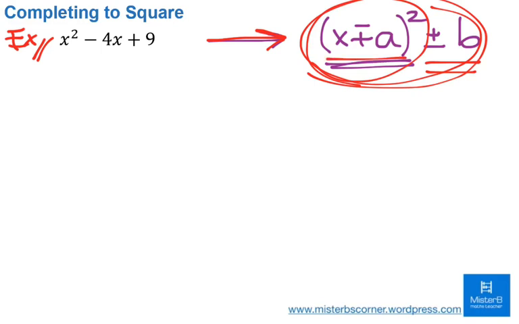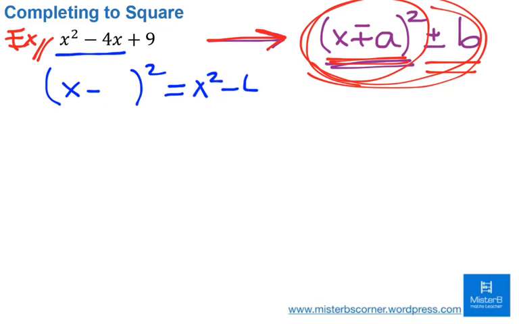So if a perfect square is involved, then I have to look at these two terms. This is x squared minus 4x. Now, what perfect square expression gives me these two terms? Now the key is that if you divide 4 by 2, you will get the answer.